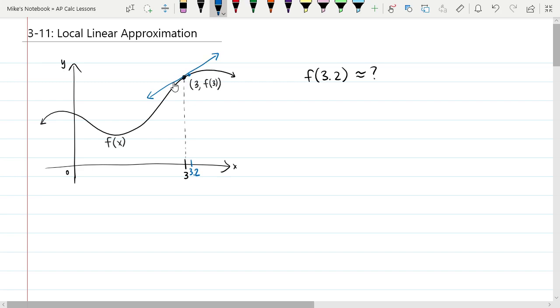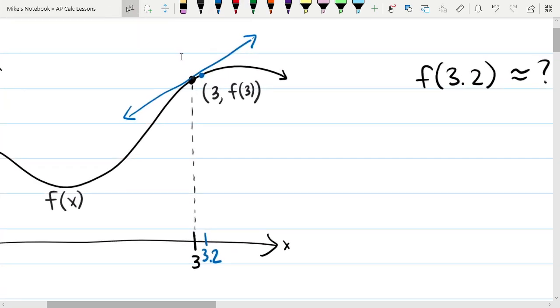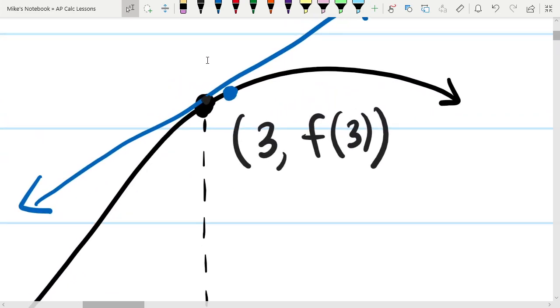Well, you've been learning in this class about the derivative and about tangent lines in particular. And the idea is, if I were to zoom in to that point of tangency, remember the idea is that as I get closer and closer to this graph, the tangent line and the function itself actually get fairly close to each other.